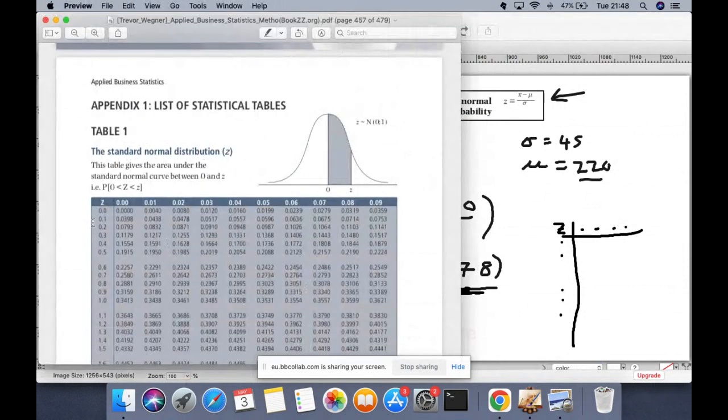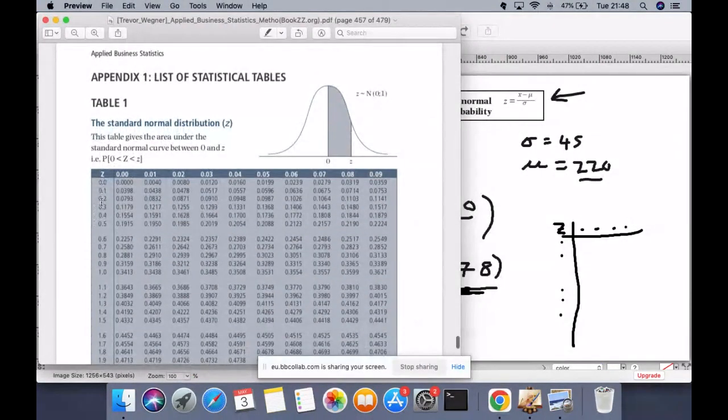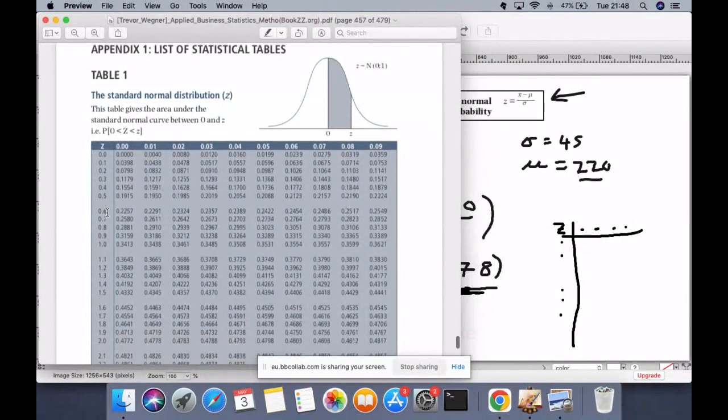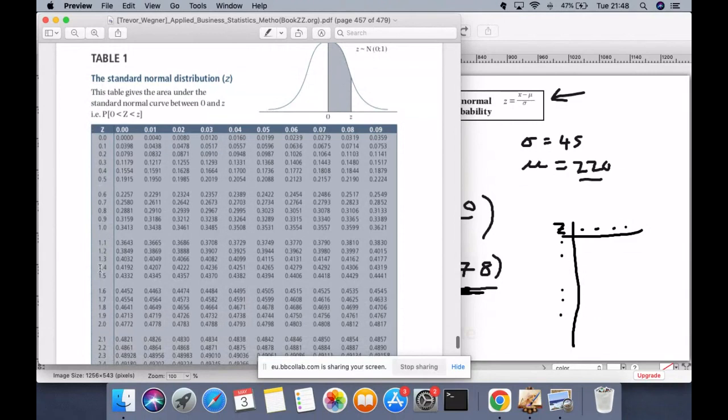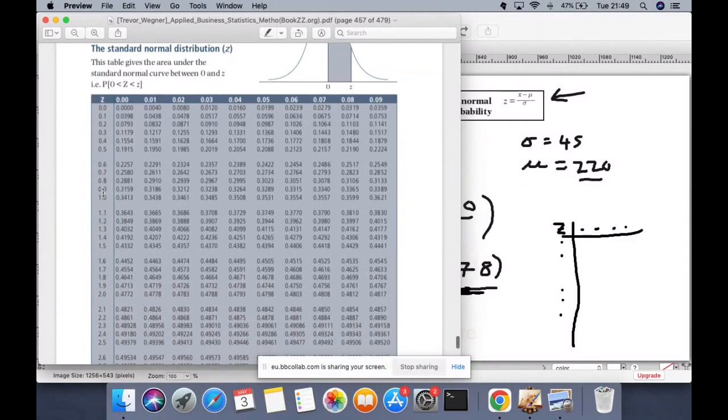So going down the margin, we look for 1.7, because the values on the margin only go up to 1 decimal point. The value on the horizontal border is the second decimal point, so there's 0.08. Where 1.7 intersects 0.08 is 1.78.